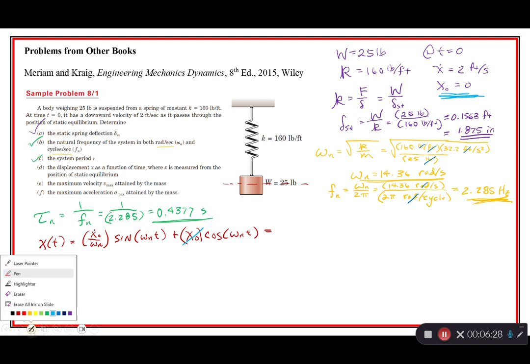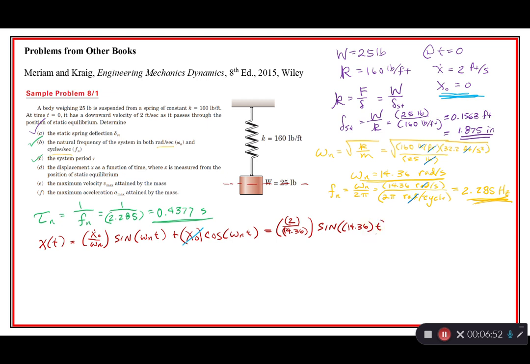So we can put into the rest of the equation 2 feet per second divided by omega n, which is 14.36, and then take the sine of 14.36 t.